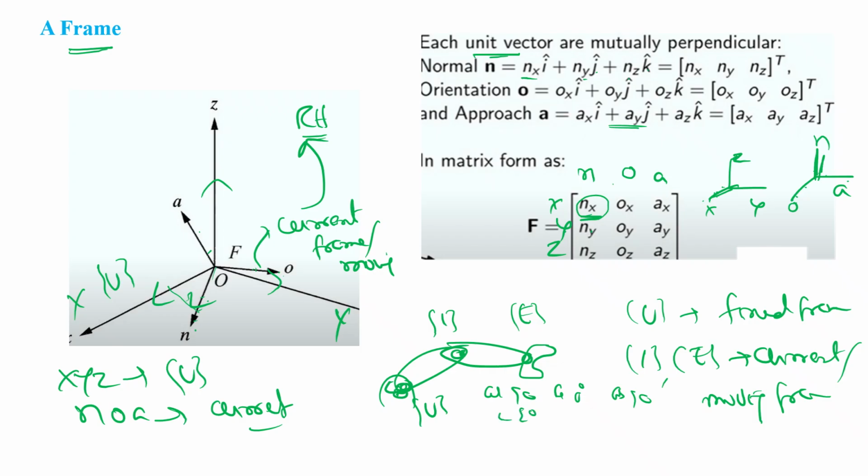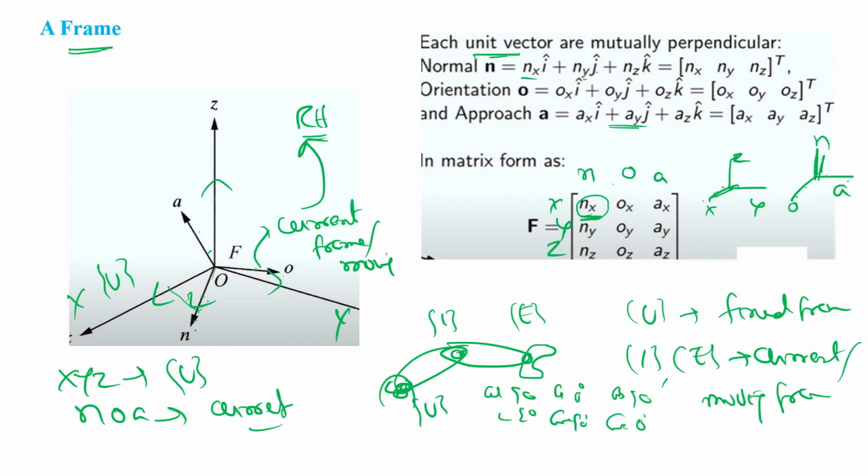And then O and Y are also orthogonal, so cos 90. And then next one is A and Y, which are parallel to each other, so it is cos 0.